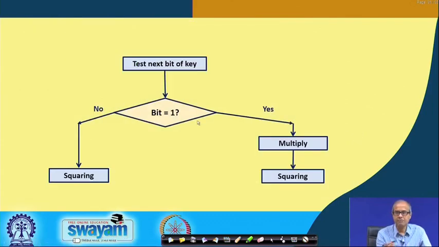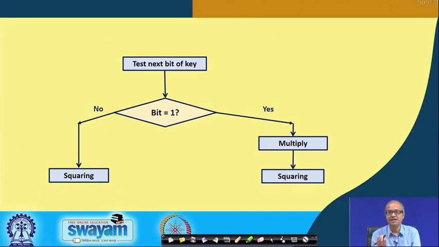So, the algorithm basically works like this. You are checking the bits one by one. If the bit is 1, you do both multiply and squaring. If the next bit is 0, you do only squaring, no multiplication. That is how the difference in the time is coming.